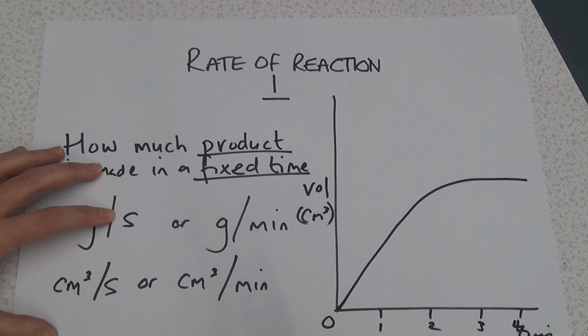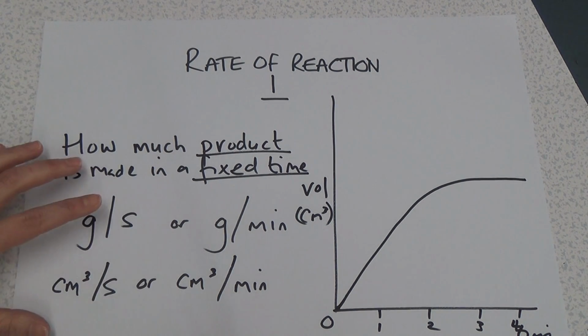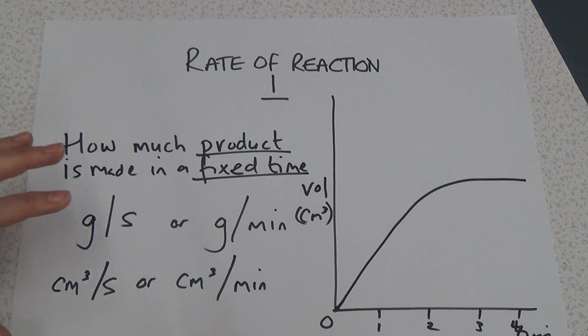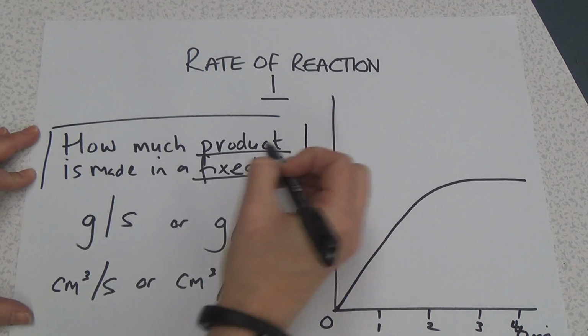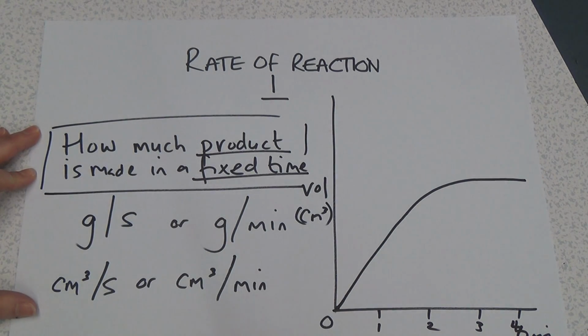In this particular case, we can actually measure rate. And how we can measure rate, obviously depending on the question, is to look at how much gas is produced over a particular period of time, which goes back to our definition here. How much product is made in a fixed time. So let's say the question asks for what the rate is in the first 2 minutes of this particular reaction.